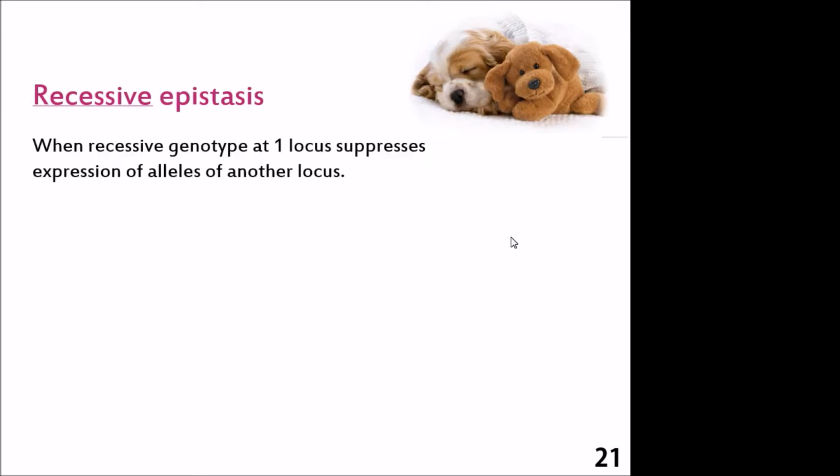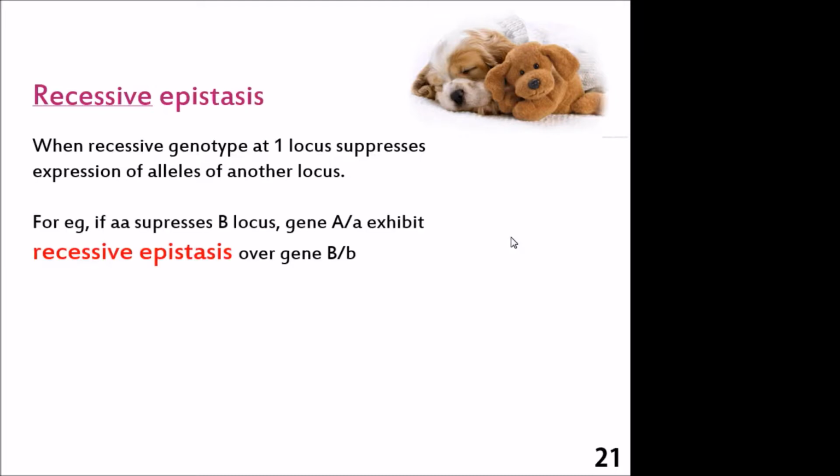Now, in recessive epistasis, when you have a recessive genotype at one locus, you will suppress the expression of whatever alleles are on the other side. We call this recessive epistasis.